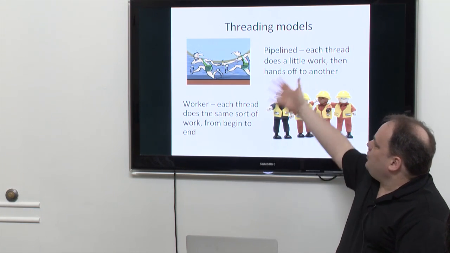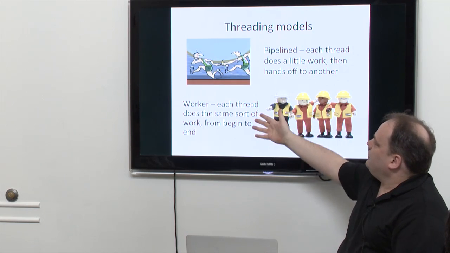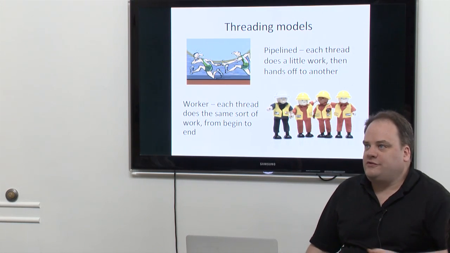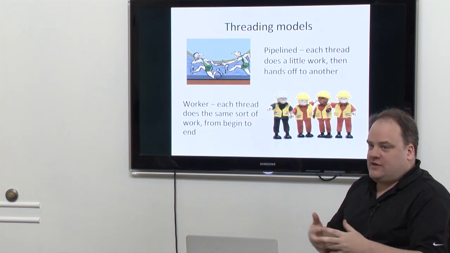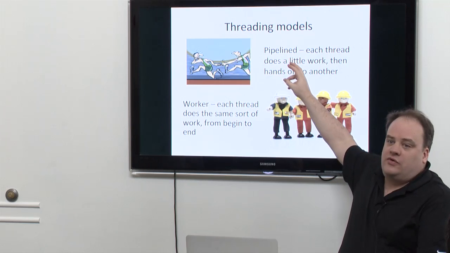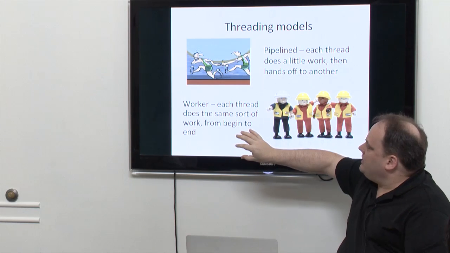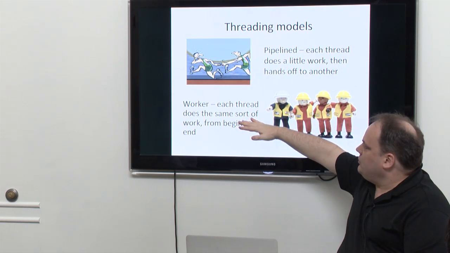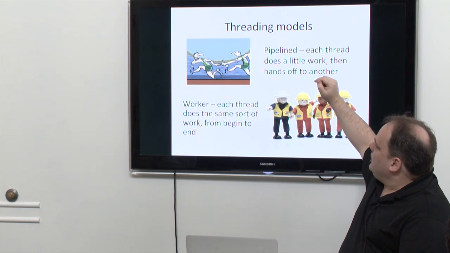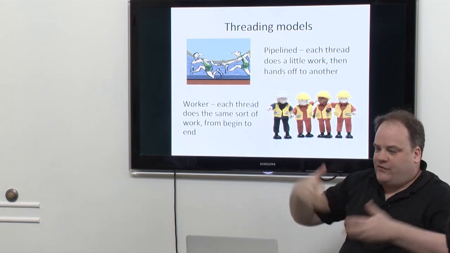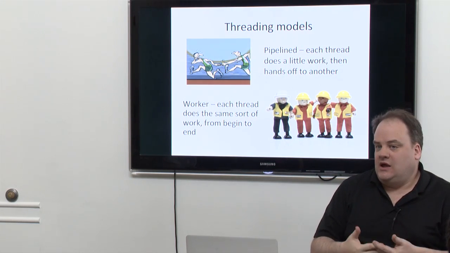And there are different reasons why you might want to choose each of these. For example, if there's a part of the system where there's a lot of contention, you really want to say, well, I'm just going to assign one core to do that part of the system. But if there's not, then you want to have worker threads. So for example, receiving the packets, well, they're all feeding from the same packet queue, so there's a lot of contention there.